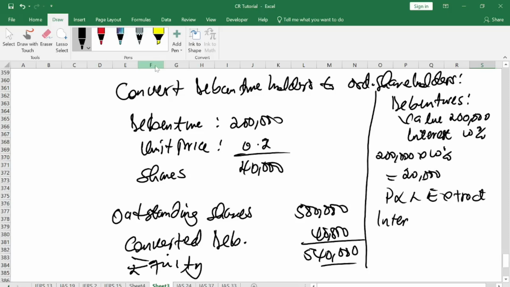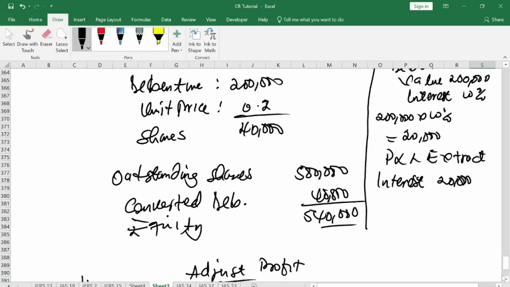This 20,000 is tax free, meaning the company will not pay tax on the 20,000. When preparing its financials, the company will pay the debenture holders 20,000 and also debit this 20,000 as interest in their expenses at the end of the accounting year.